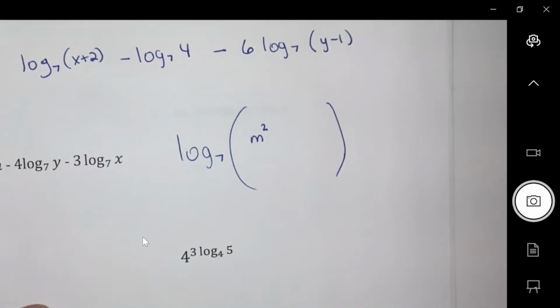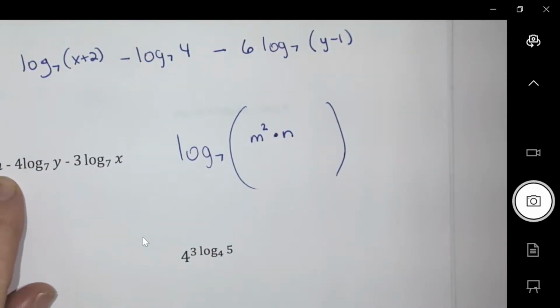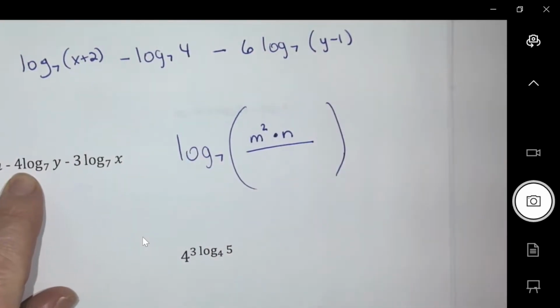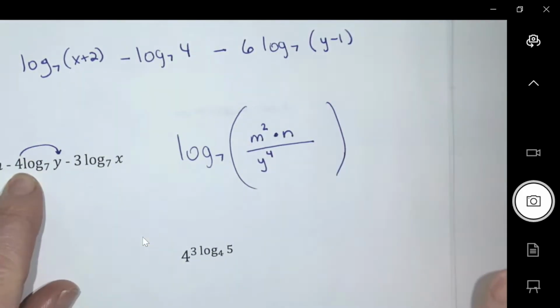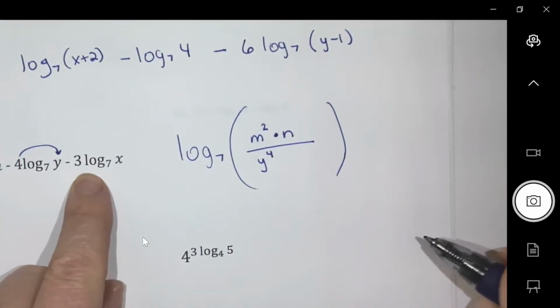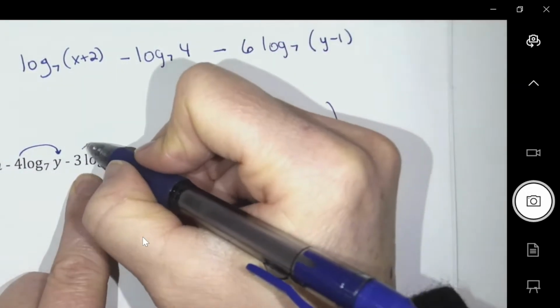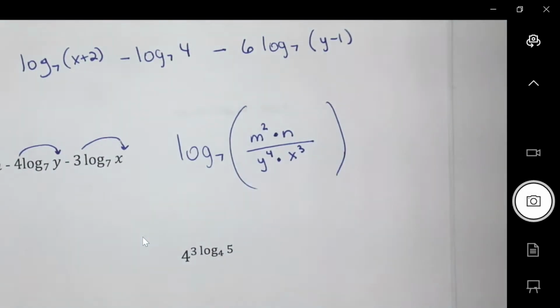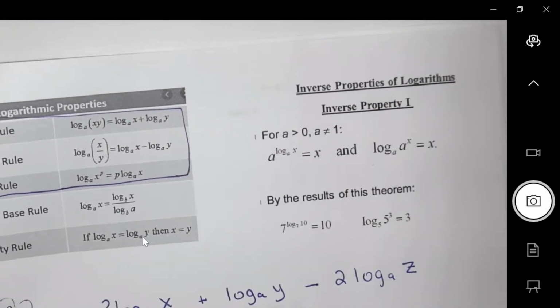It was separated with an add, so therefore it was attached with a multiply. This is a subtract, therefore it's a divider, y to the 4th. This is a minus, so it will be on the bottom, x cubed. Okay, so that is those 3 rules: product, quotient, and a power rule.